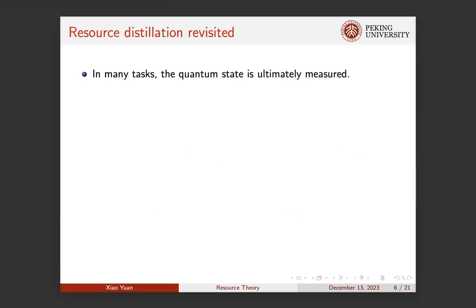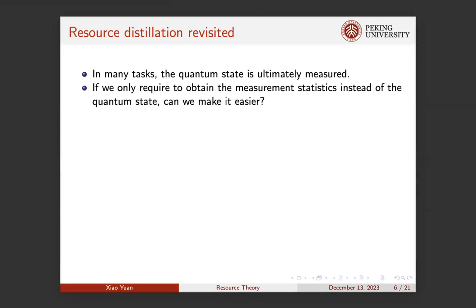So let's first redefine resource distillation. We need to observe that in many tasks, what we really want is not the quantum state. Generally, we measure the quantum state. So what we really need for many tasks is the measurement outcome of the target quantum state.